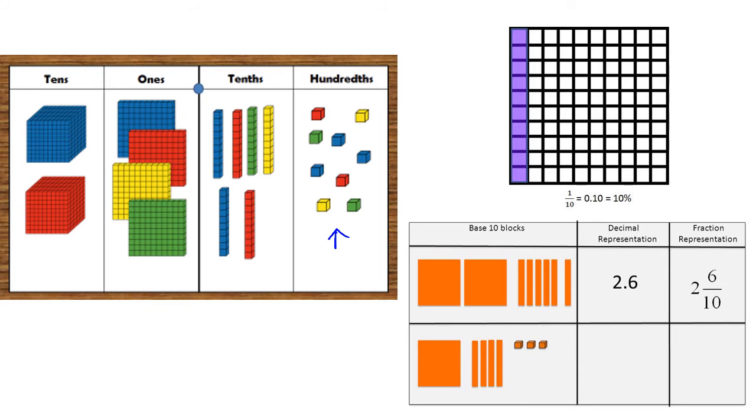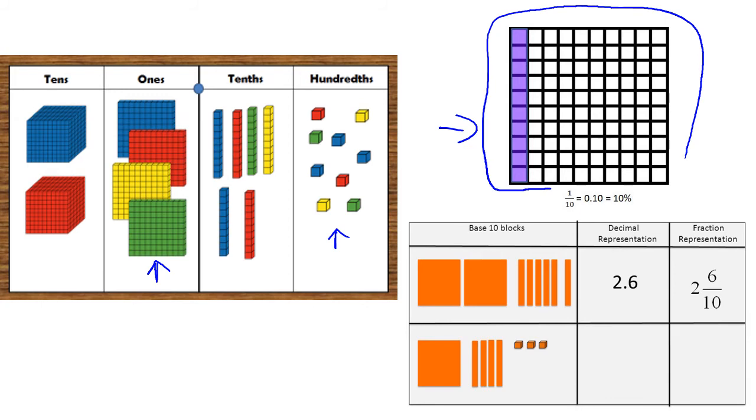And so when we're working with decimals, we now say that these blocks, those flat plates, are the ones. And so when you have this guy over here, that's one of those flat plates. This is now a 1.